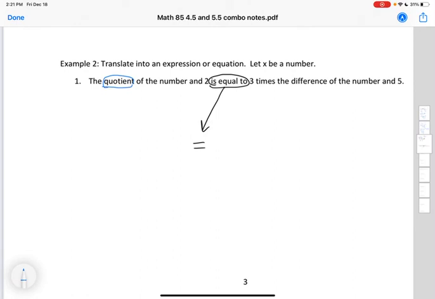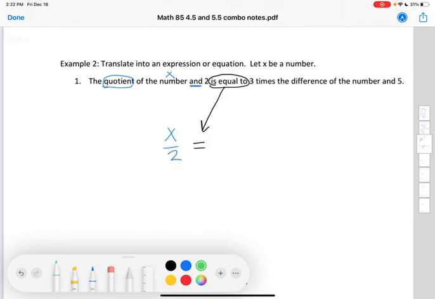The number is x. So the quotient of the number, here's our separator, and 2. So quotient of x and 2, I'm going to write it as a fraction. Okay, so x over 2 is equal to, now what do we have over here?